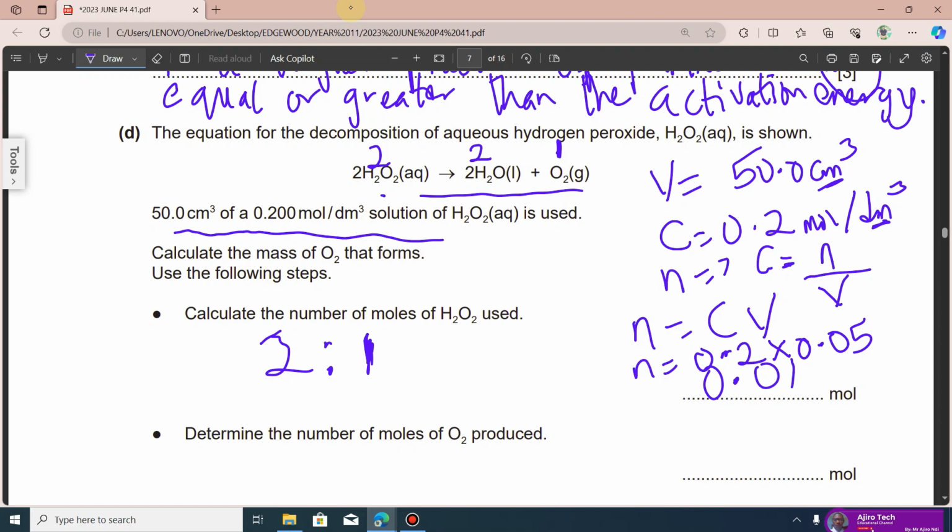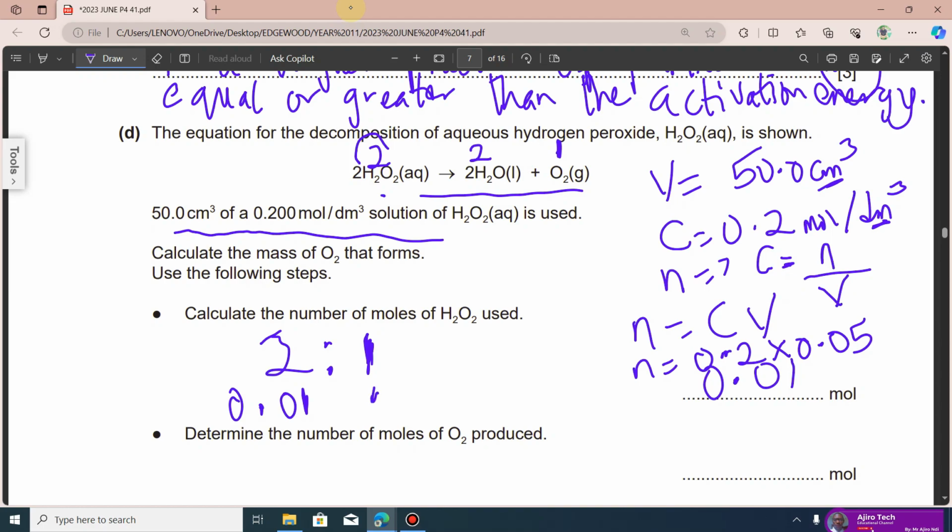Okay, now remember that we just calculated the number of moles of hydrogen peroxide to be 0.01. This is because remember this is for the hydrogen peroxide 2, so 2:1 for oxygen. So the number of moles of hydrogen peroxide is 0.01, as far as the reaction is concerned. Now, 2:1 means 1 is simply half of 2. So for us to get the ratio of oxygen in this case, we are simply going to do half of this.